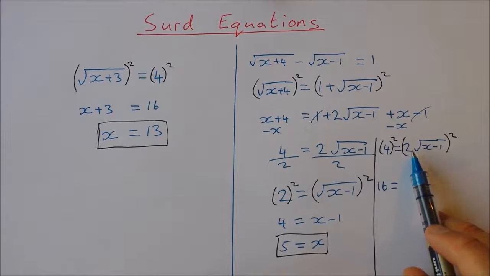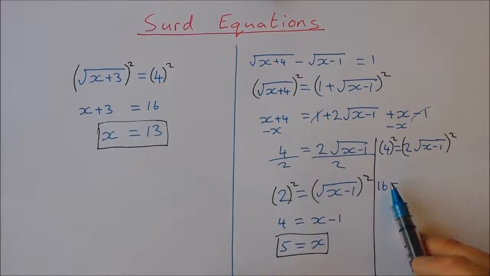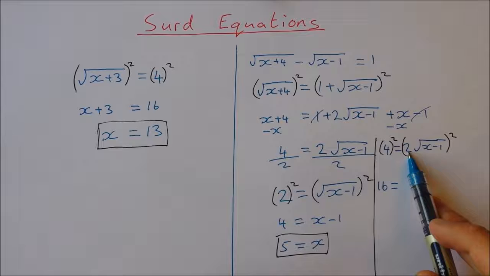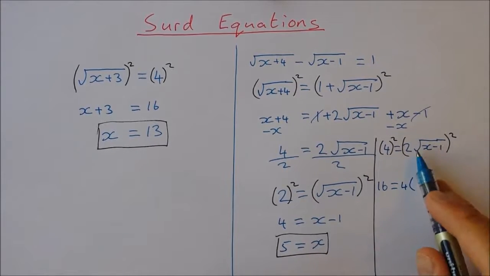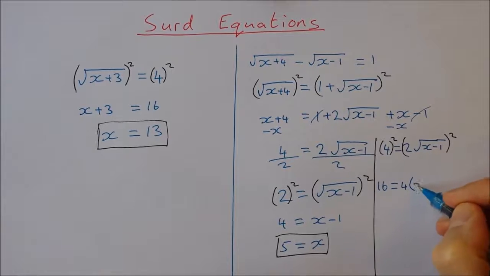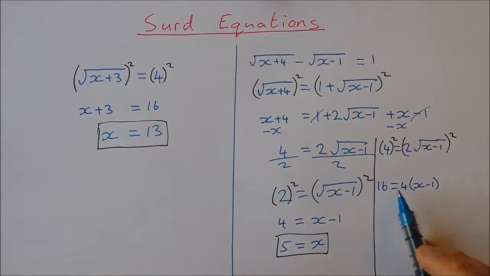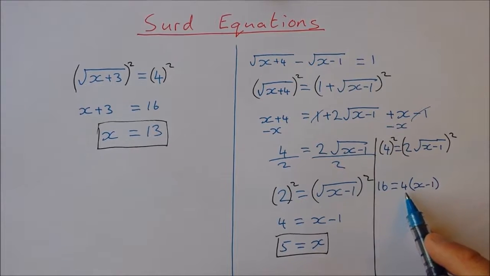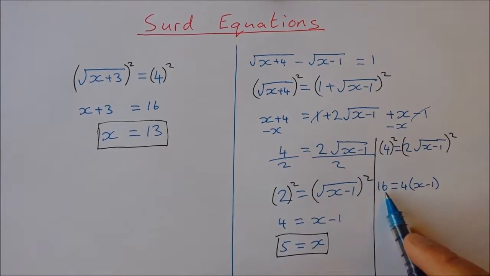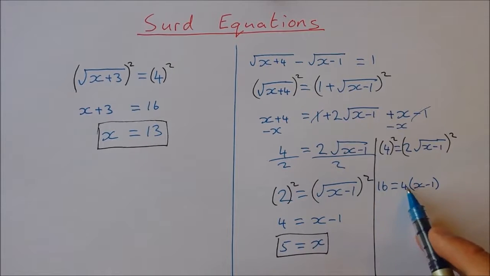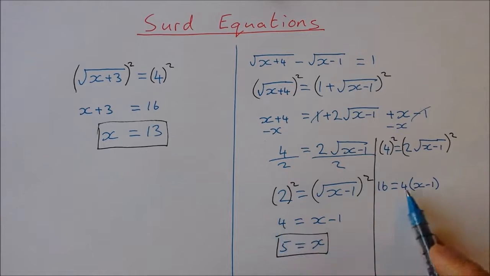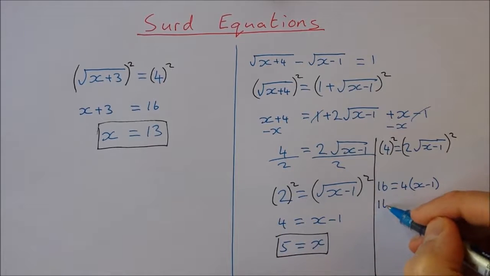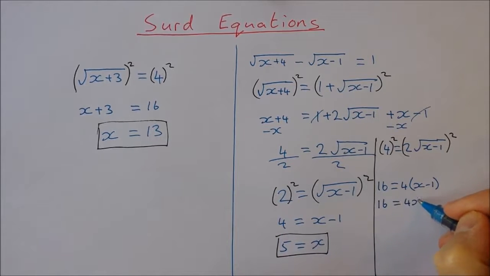Now to square 2 square root x minus 1, I need to first square the 2, so it's 2 squared is 4, and then square the square root of x minus 1. So I get 16 is equal to 4 times x minus 1. Now I can either divide by 4 or I can multiply out the brackets. If I divide by 4, I'll end up with this line here. If I multiply out the brackets, I'd get 16 is equal to 4x minus 4.